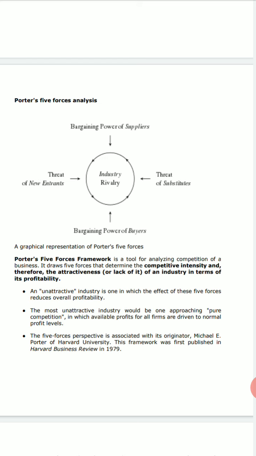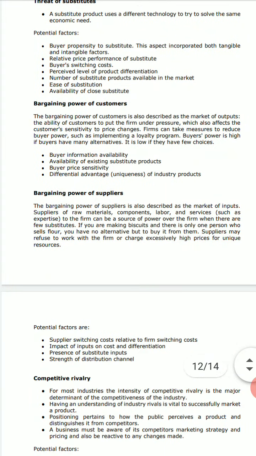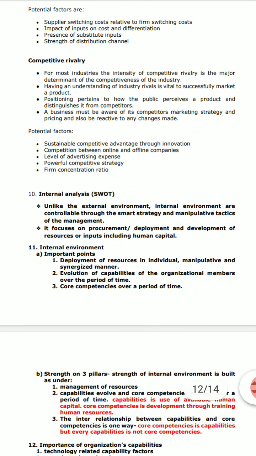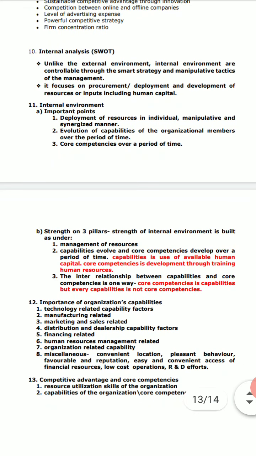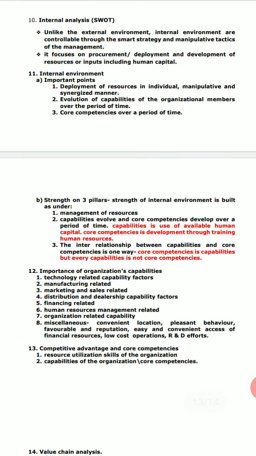On one hand there can be threat of new entrant, and on the other hand the threat of substitute products. So this way Michael Porter has explained these 5 forces very nicely, and that should be considered by any of the firms so as to have the perfect result, so that they can frame the strategies well and find out the attractiveness or the unattractiveness of their firm, whatever the case may be, right.